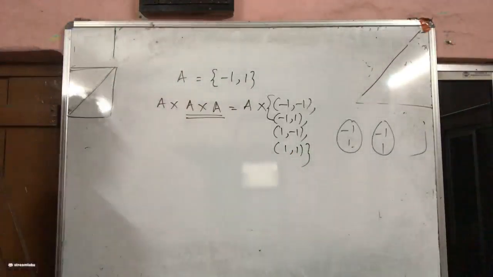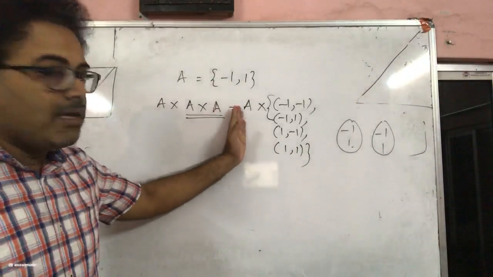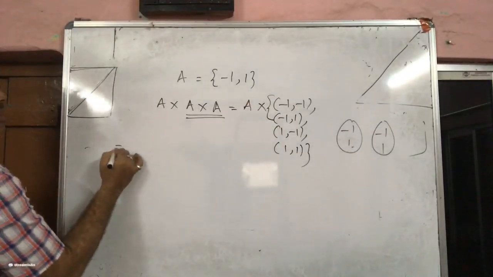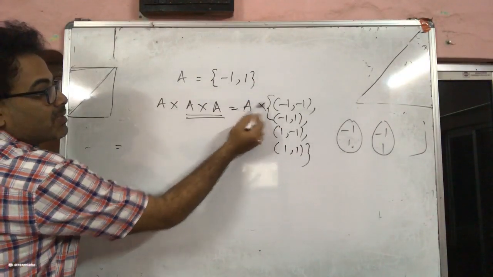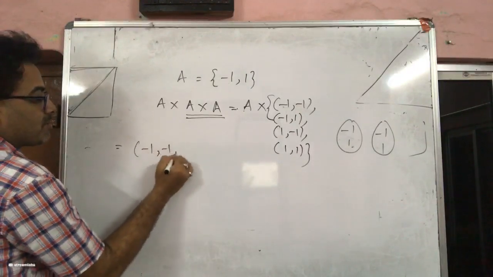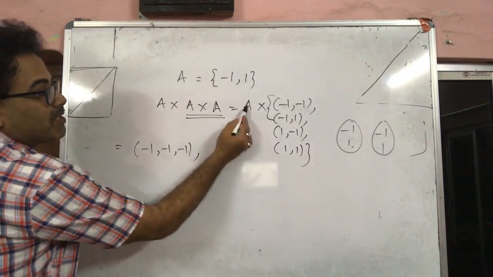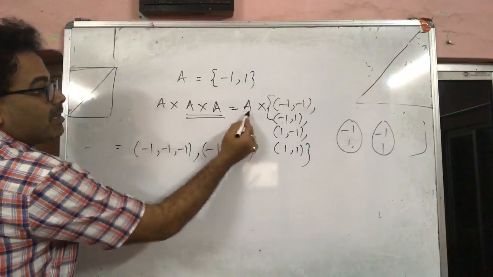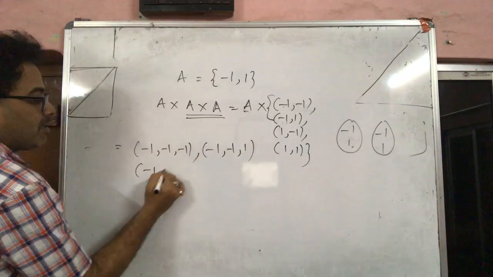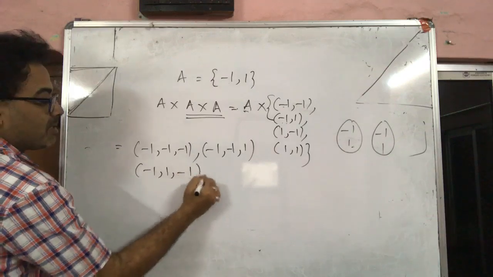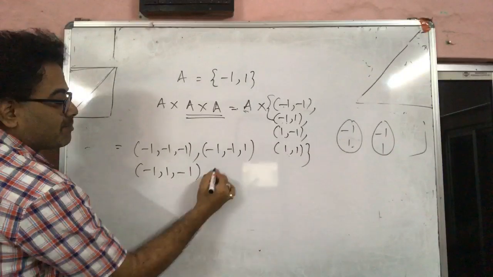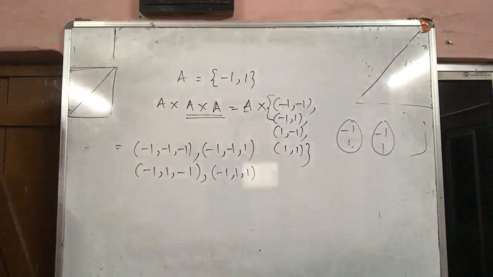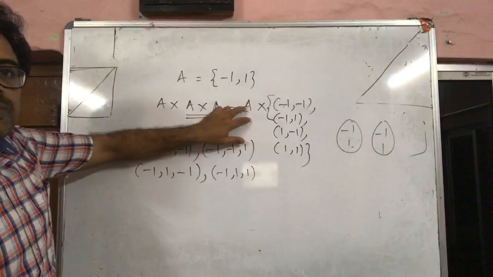Now the elements of A will be related to this set. The elements of A are minus 1 and 1, so with minus 1 it will be minus 1 minus 1 minus 1. Again with minus 1 it will be minus 1 minus 1 1. With minus 1 it will be minus 1 1 minus 1. And with minus 1 this pair will be minus 1 1 1. That makes four. So it contains minus 1 and 1.